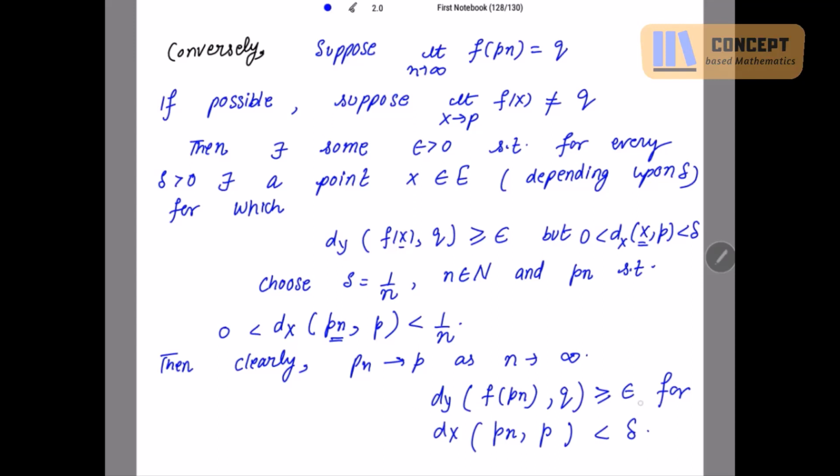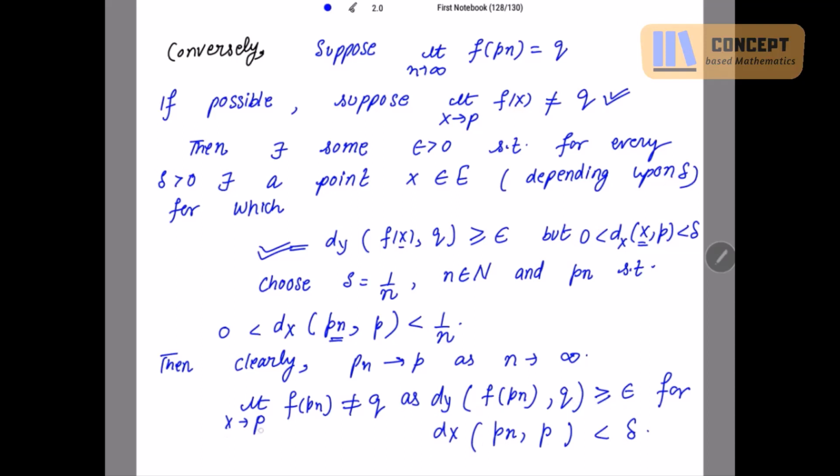Now with this definition, I will replace again x with Pn. So according to this, I am having limit x tends to p, f of Pn is not equal to q, as distance in y is this for distance in x is this.